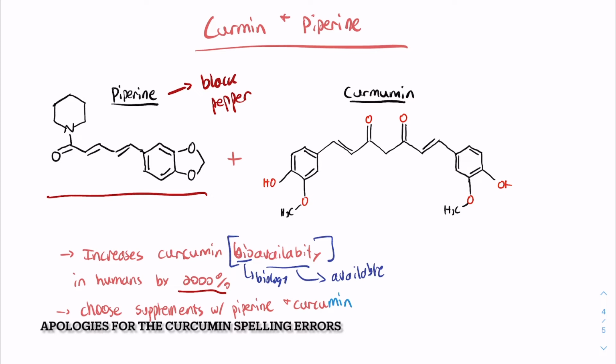There's a lot of supplements like that, and curcumin is one of them. So if you're going to consume curcumin as a supplement, you're going to want to consume it with piperine, because if you just consume a supplement with just curcumin, most of it's not even going to get to the cells like you want it to. You'll just be wasting money.